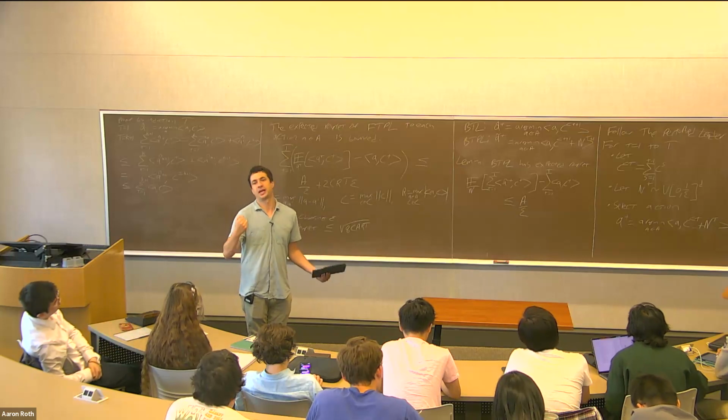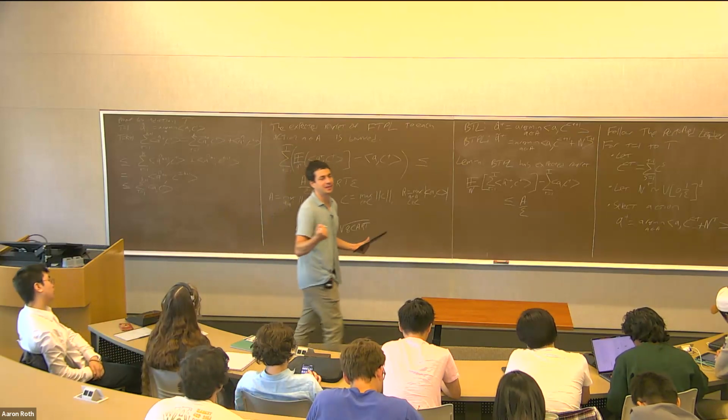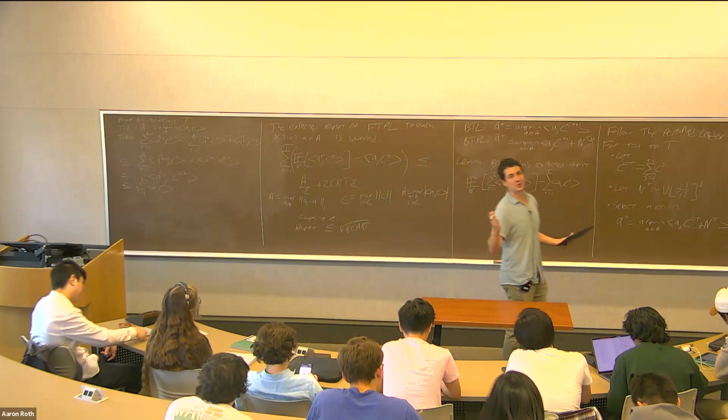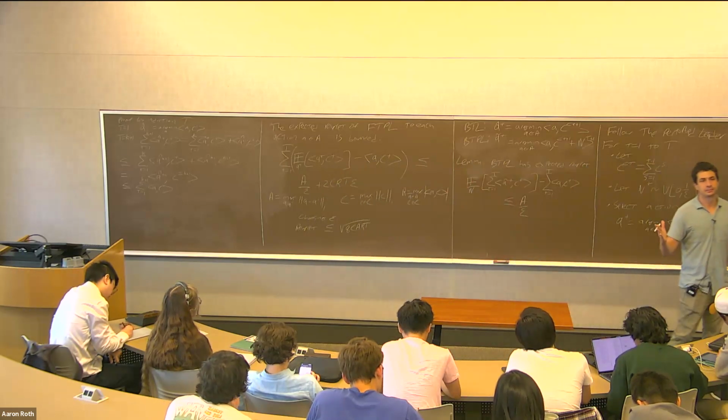It's the diameter of the action space. It's the worst case L1 norm of the difference between any two actions in our action space.